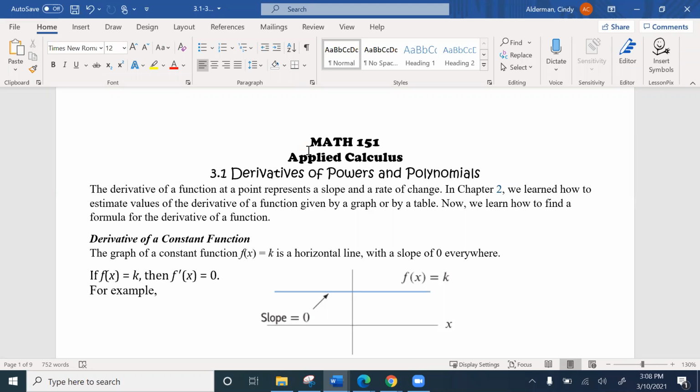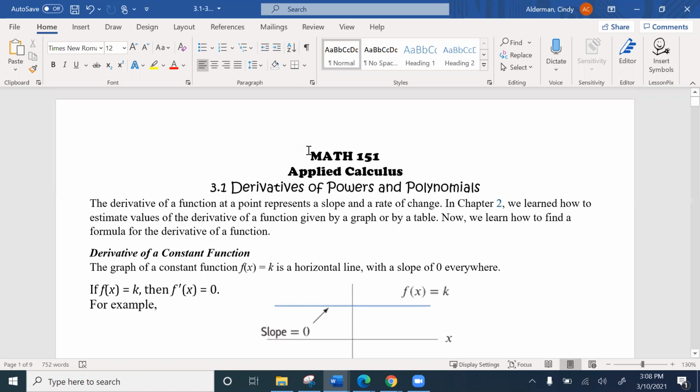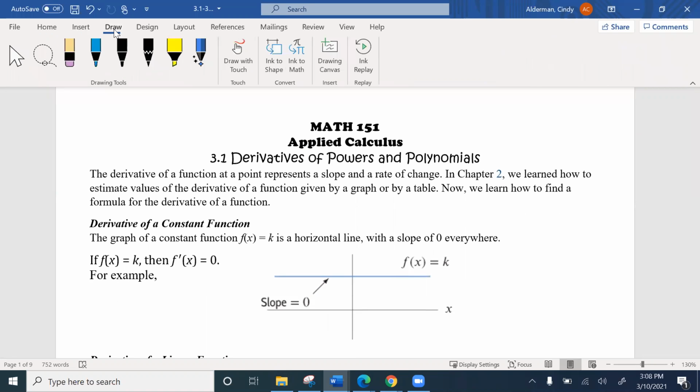Trying to figure out how I'm going to do this without a stylus. I guess I can just use my finger.